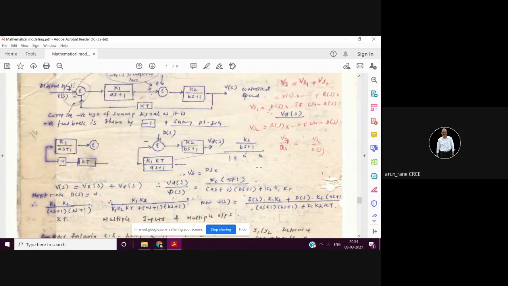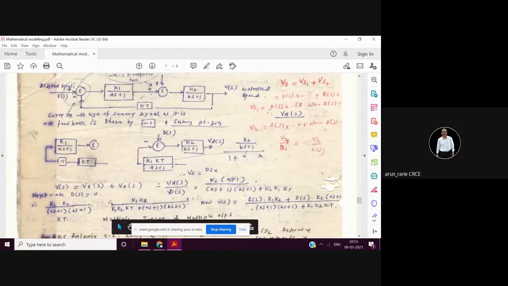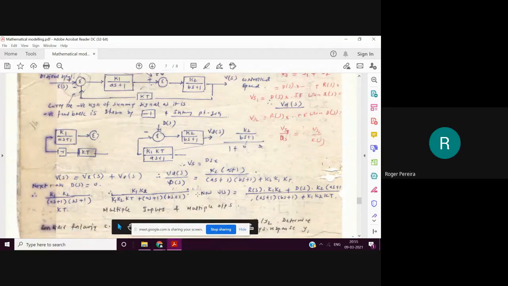Or we can write the total output Vs is equal to V_Rs plus V_Ds. One output is because of this, when this is 0, and another output is because of this, when this is 0, V_Ds.